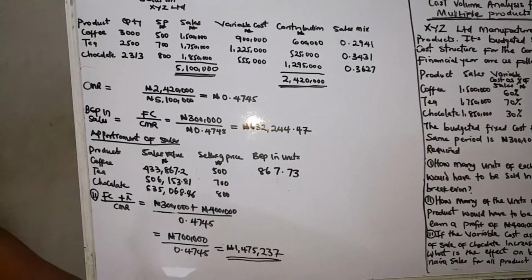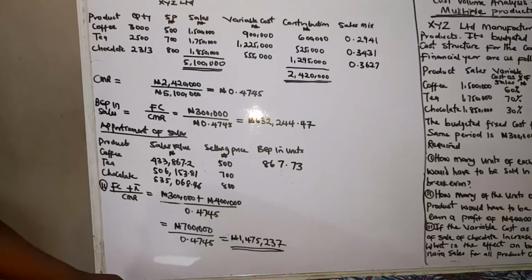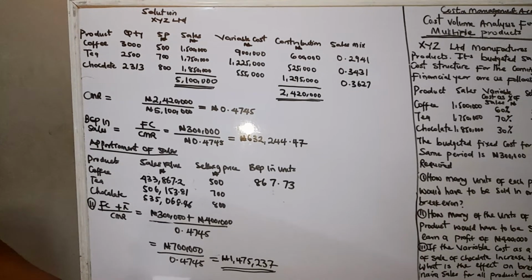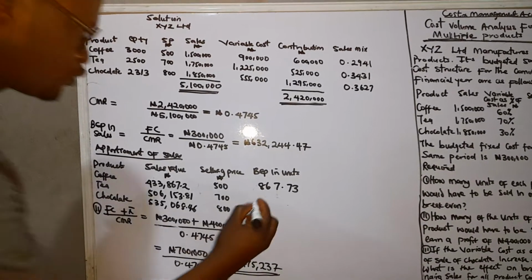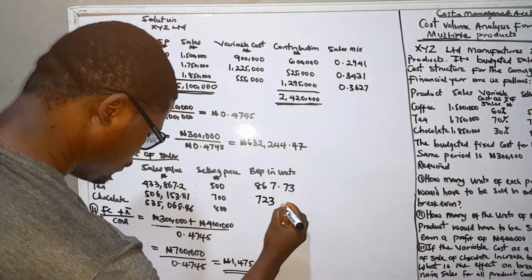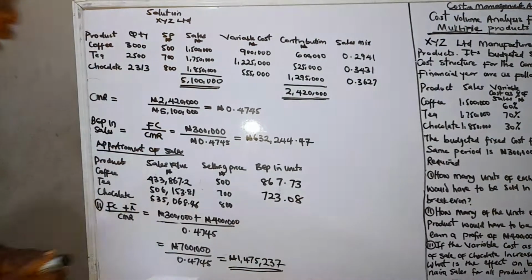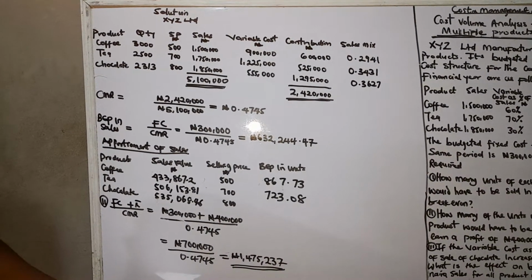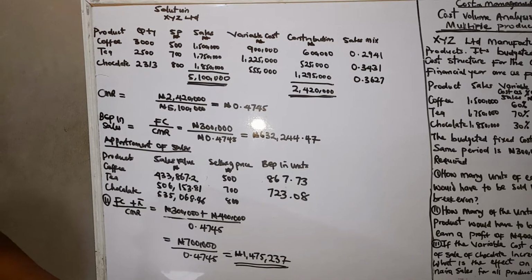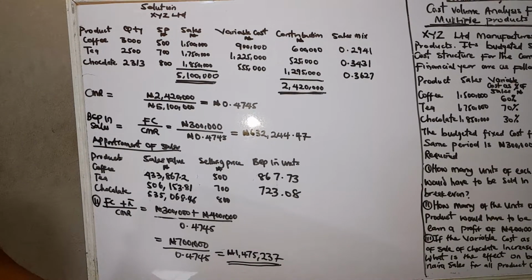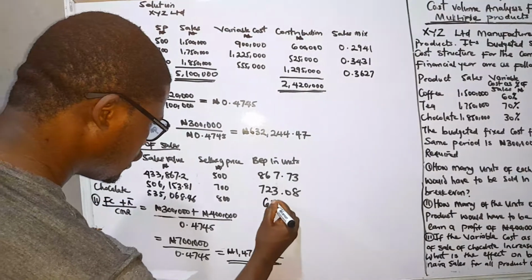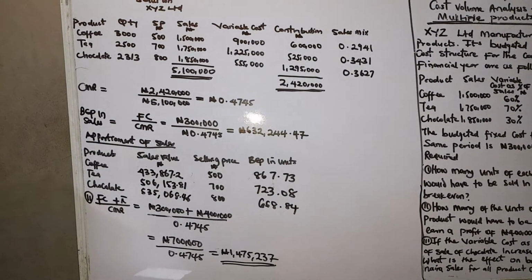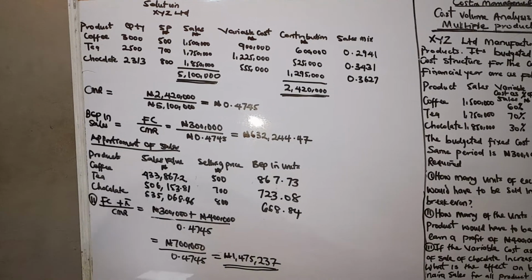Then for this one, 506,153.81 divided by 700 gives 723.08. Then for the last one, which is chocolate, 535,068.46 divided by 800. So that gives 668.84. So that answers the number 2 part.